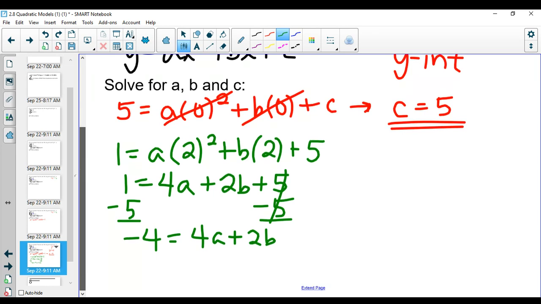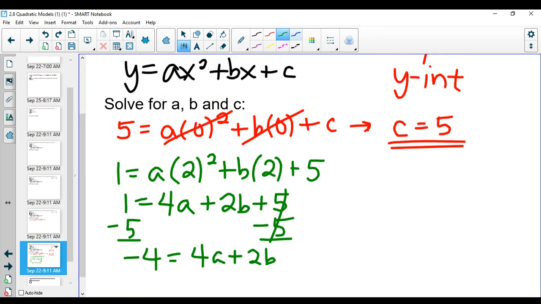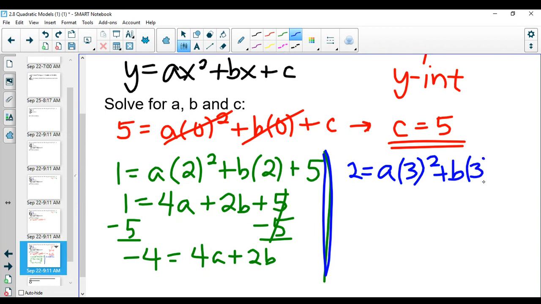So the first equation I got is negative 4 equals 4a plus 2b. I'm going to do the same thing with the other equation, which was 3, 2. So if it's 3, 2, that means every single y is becoming 2 and every single x is becoming 3 in standard form. And again, c is 5, so put a 5 in there. Now I'm going to do the same thing I did with the first one.